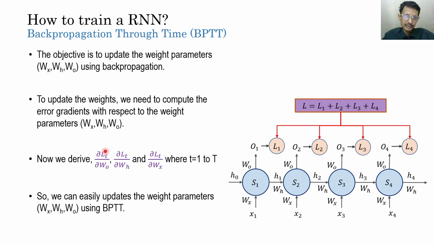We have seen how to derive ∂Lt/∂W, ∂Lt/∂Wh, and ∂Lt/∂Wx, where t is equal to 1 to T. Here, definitely T is equal to 4. Using this, we can easily update the weight parameters Wx, Wh, W. So this is the whole scenario of the BPTT algorithm for simple RNN.